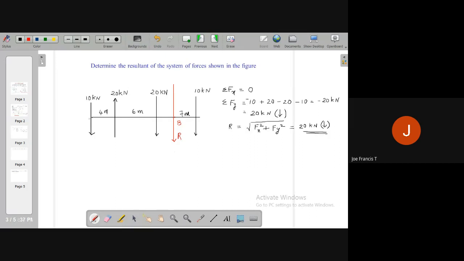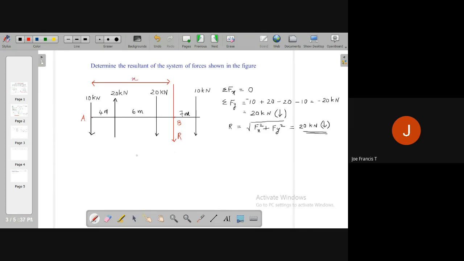Say I selected this point here, A. I'm going to apply Varignon's theorem to this system of forces with respect to point A. Now suppose the distance of R from A, suppose this distance is X.